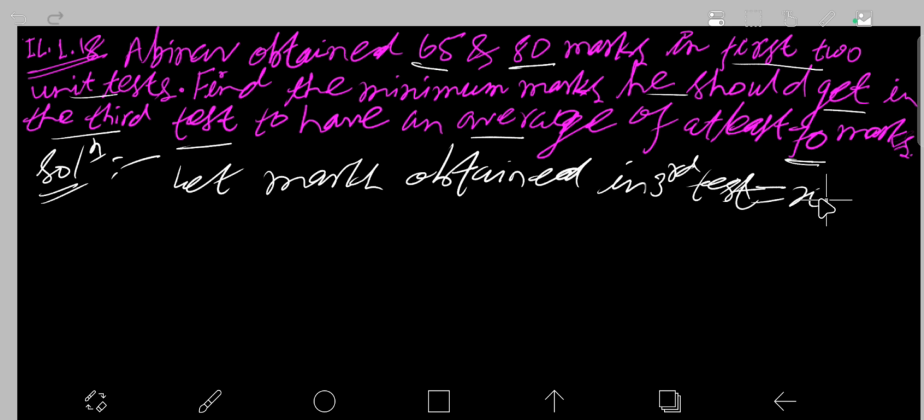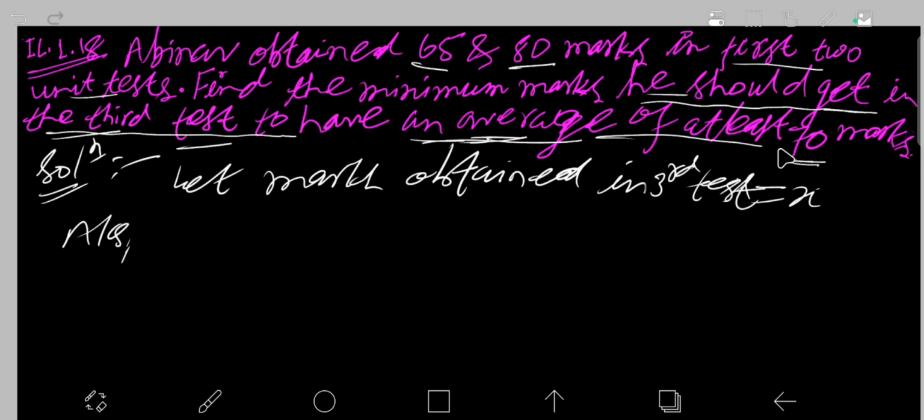According to the question, he should get in the third test marks to have an average of at least 70 marks. Here 70 marks is given.